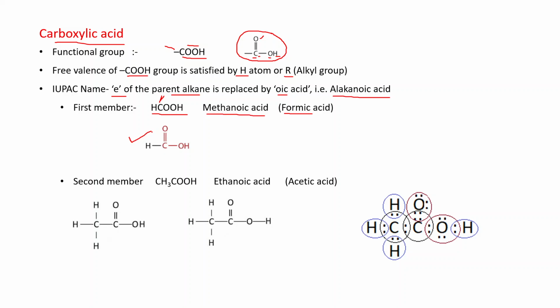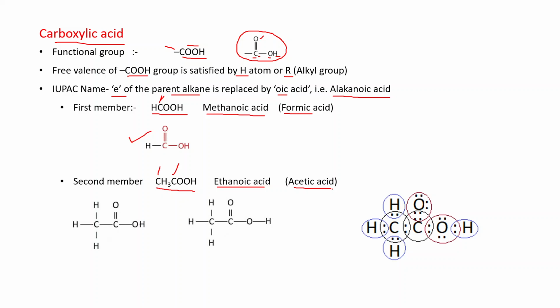Second member: if the free valency of the COOH group is satisfied by the simplest alkyl group, that is methyl, you will get CH3COOH. And in this case, two carbon atoms are present. That's why its name is ethanoic acid. Commonly, this is known as acetic acid. I think you are familiar with this term, acetic acid, vinegar.